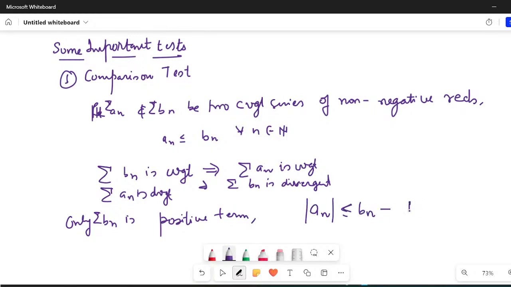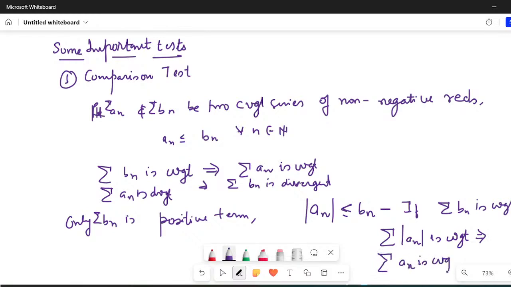Then if summation bn is convergent, then summation modulus of an is convergent. And if summation modulus of an is convergent, that is, summation an is absolutely convergent, then summation an is convergent. You have to remember this. So this is one thing that I wanted to tell you.